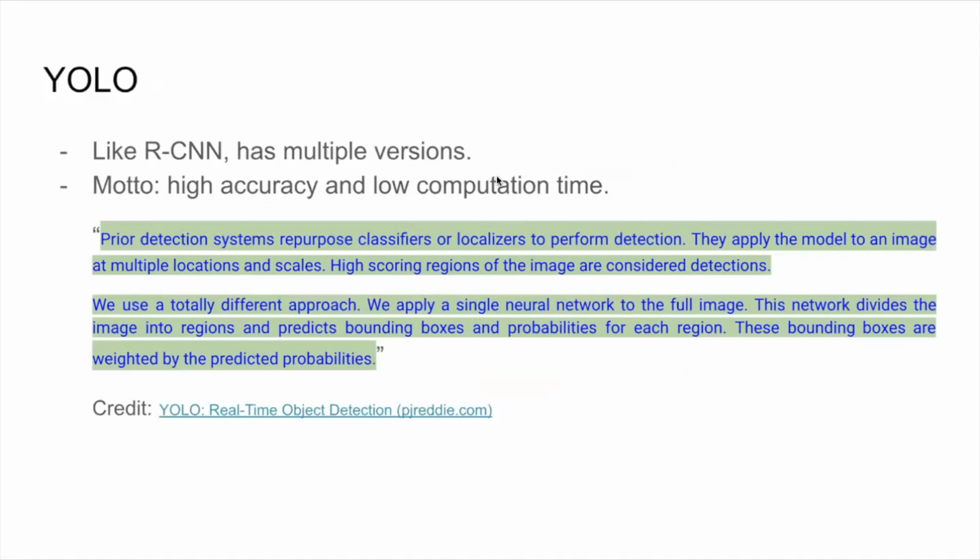So then came this fancy object detection mechanism that's called YOLO. Like the RCNN, it has multiple versions. The motto of it was high accuracy and low computational time.